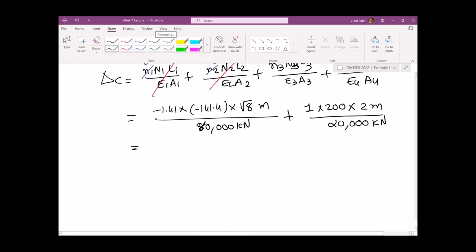So let's times that up. So that is 7.04 times 10 raised to 3 plus 0.02.